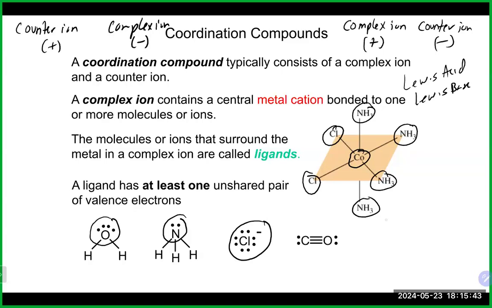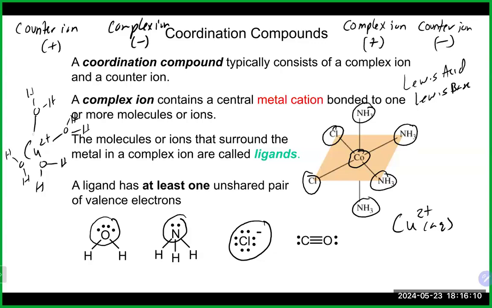By the way, when we look at copper with a +2 and we write aqueous next to it, that's basically a copper ion floating around in the solution. But that copper ion is not really floating around by itself. It's actually attached to a bunch of waters, and that is what the aqueous part is, basically. I won't draw them all, but there are probably about 6 waters attached to it.